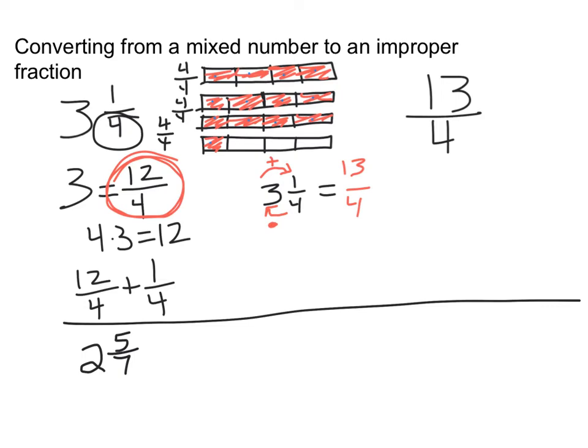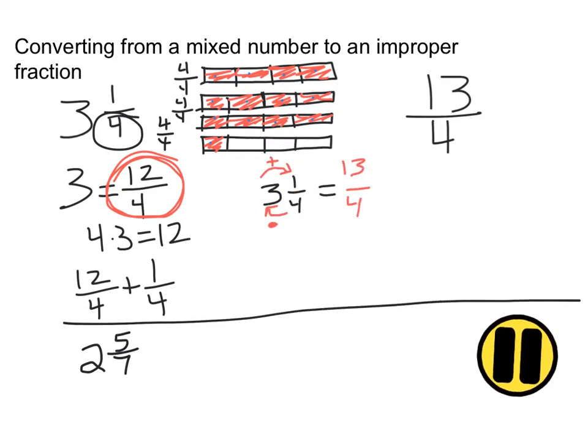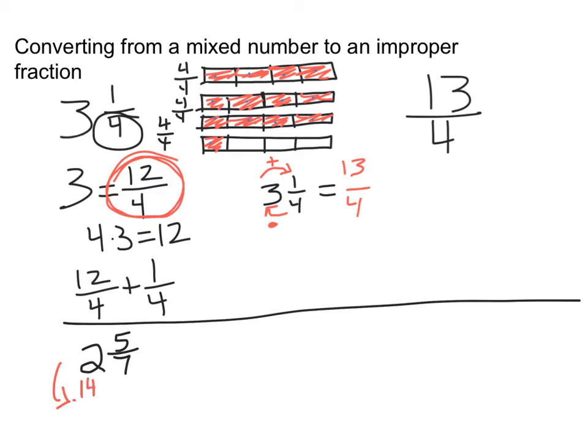Okay, let's try this again. This time you're going to do it on your own. You're going to convert 2 5/7 into an improper fraction. Do it now. All right, so when I do this, first I'm going to rewrite 2 as 14 sevenths, because I want it as a fraction in terms of sevenths.